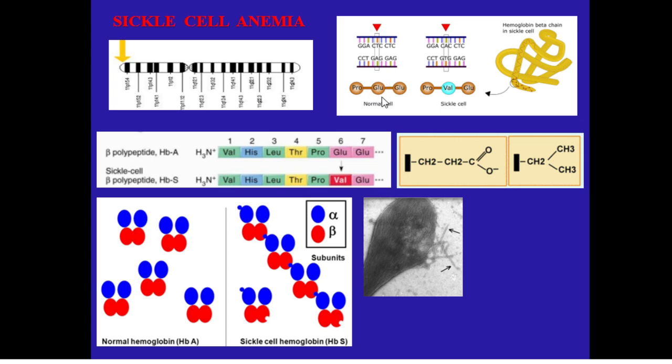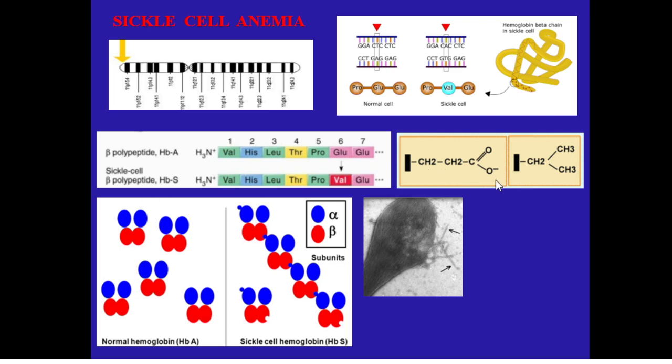hemoglobin must have glutamic acid, but due to the change in the sequence of nucleotides, look, adenine to thymine, sequence inversion, valine is placed by the ribosome, and this will lead to all other complications.